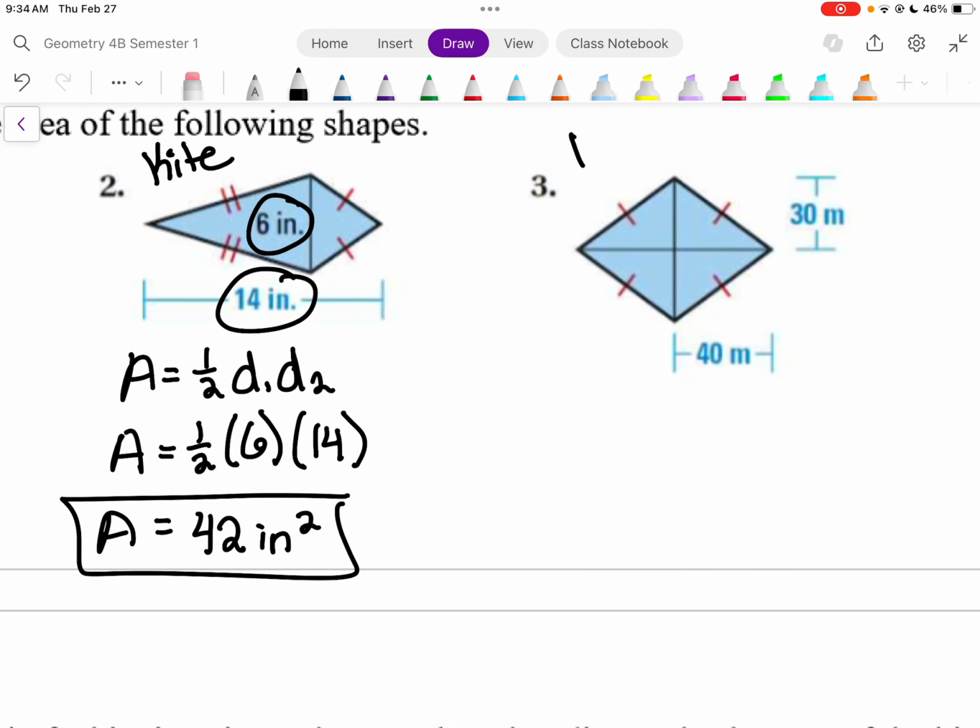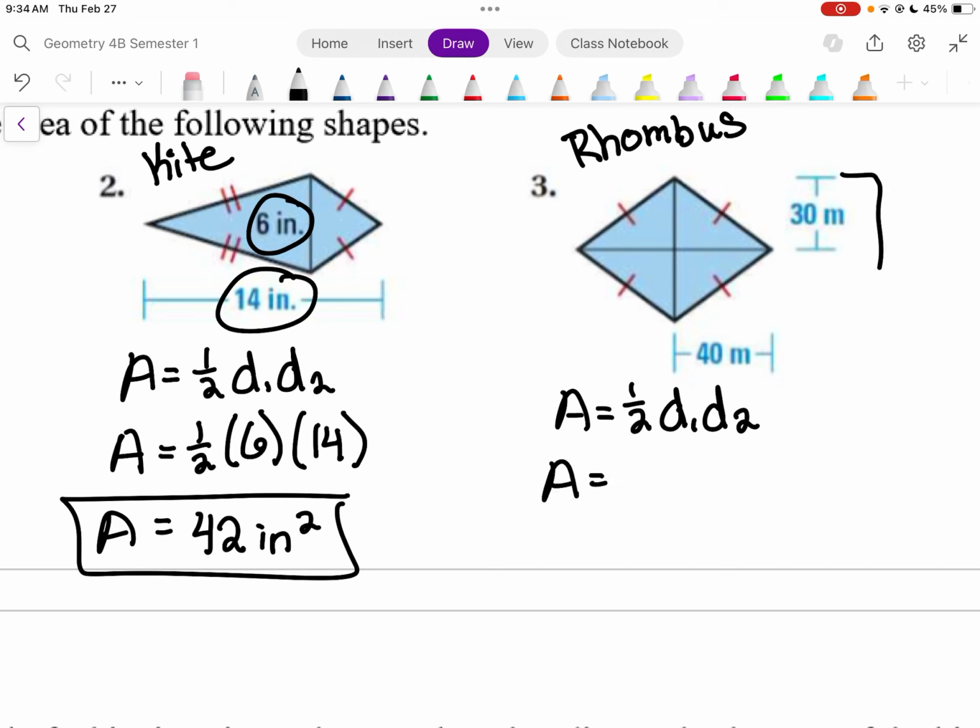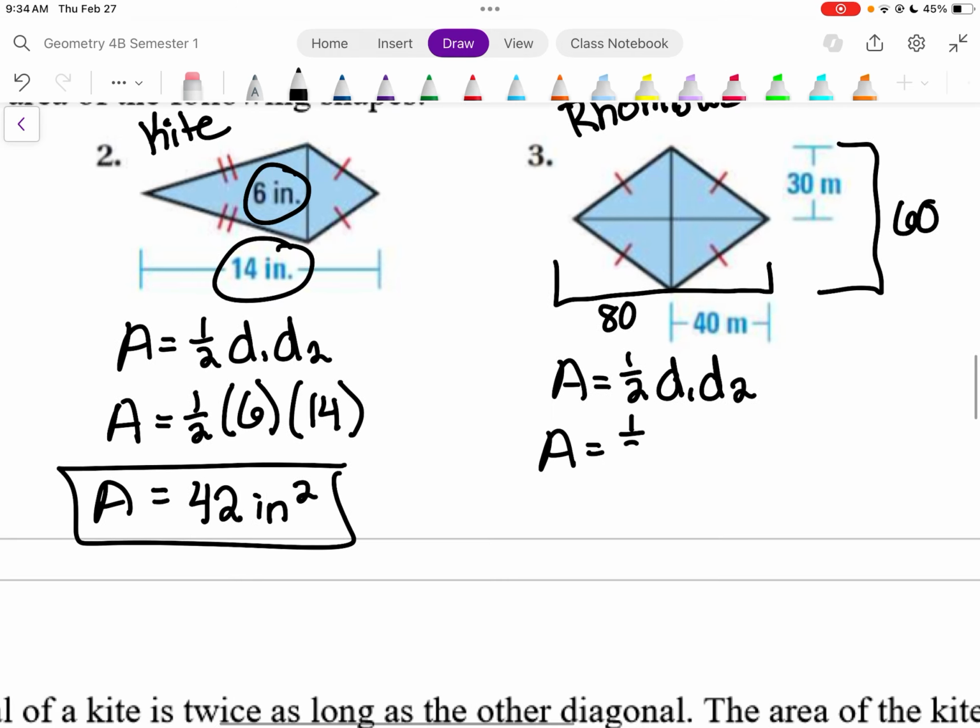Then the last example here, this one is a rhombus, and the way we know it's a rhombus is because all of the sides of our shape are equal. And our area formula for that is the same as a kite, diagonal 1 times diagonal 2. And this one, they only gave us half of the diagonal, so the vertical diagonal, the total would be 60, and then the horizontal diagonal would have a total of 80.